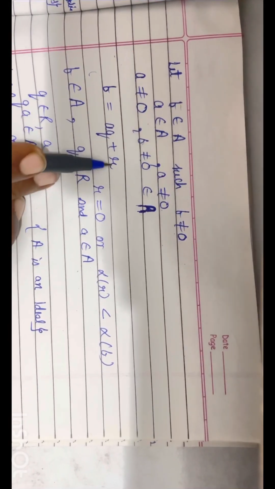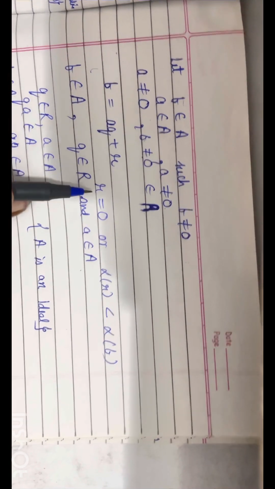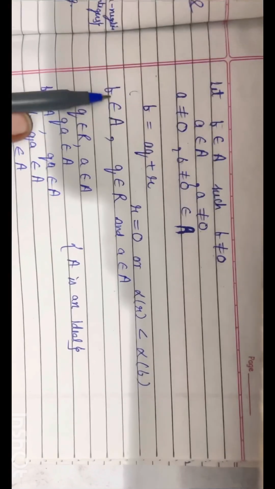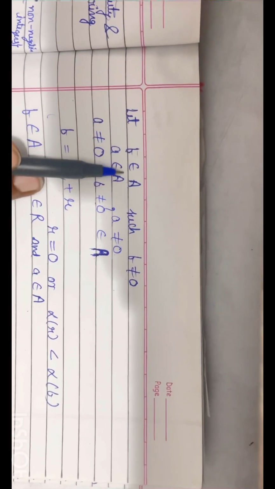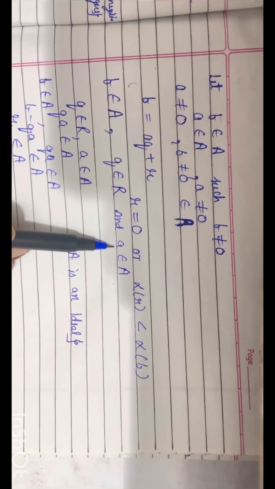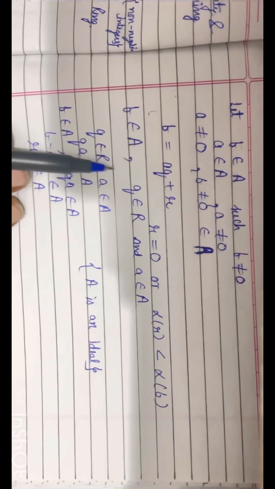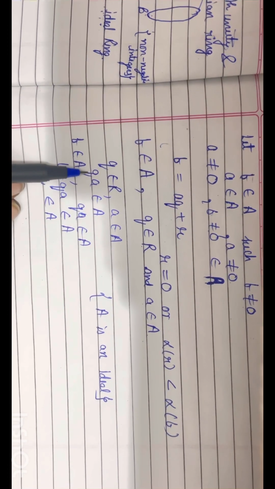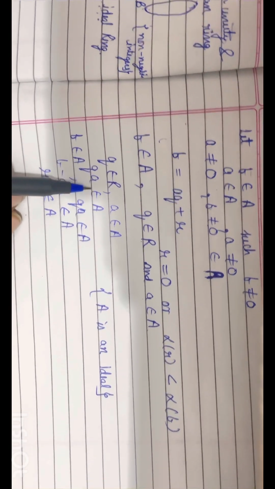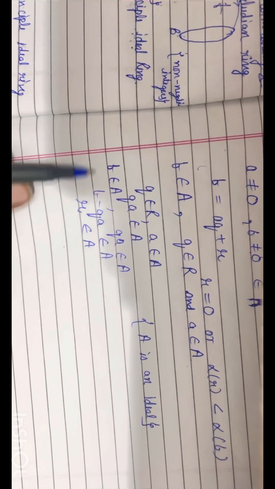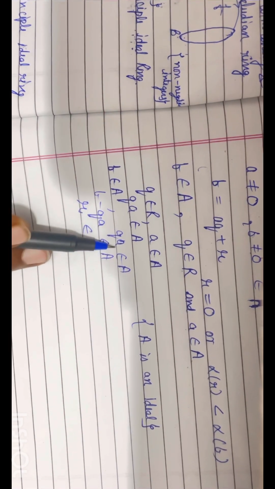Then, from that condition of Euclidean ring, either r is equal to 0 or alpha of r is less than alpha of b. Now, we already let b belong to A, q belong to R, and a belong to A. Then an element can be written as qa because A is an ideal of R. By definition of ideal, b belongs to A, qa belongs to A.